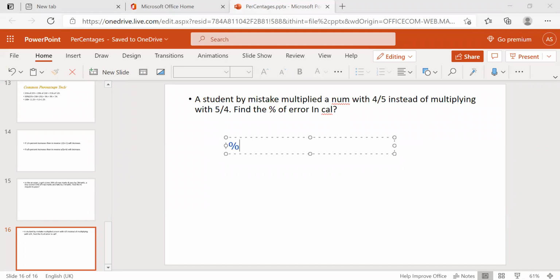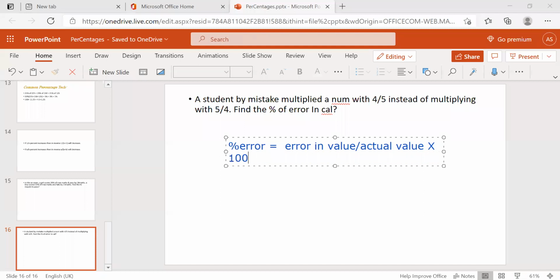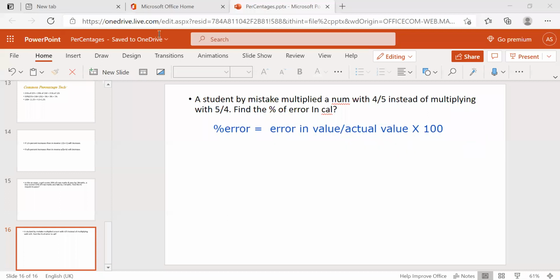Percentage error is equal to error in a value by actual value into 100. Okay, this is a formula to find the percentage of error. Now, by using this formula, we are going to solve this.